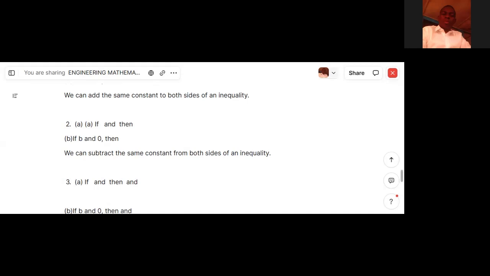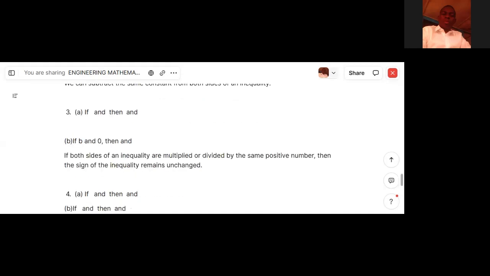We have that if A is greater than B, and we have a C that is greater than 0, we can multiply C on both sides of the inequality and still have the same sense of inequality.